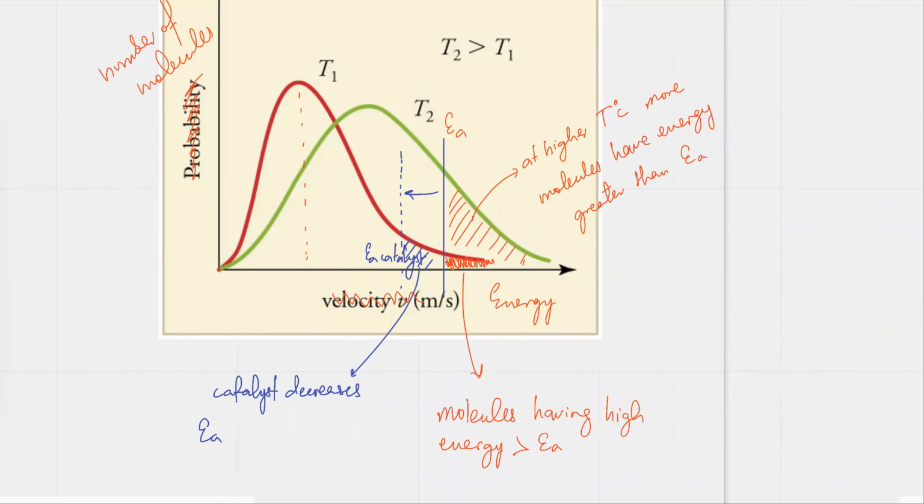So catalyst decreases EA, so more particles now automatically have energy that is greater than EA. So is this clear to everyone?